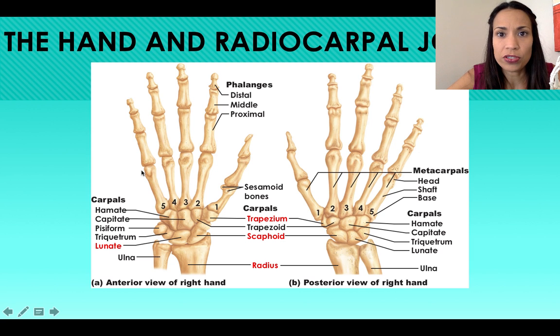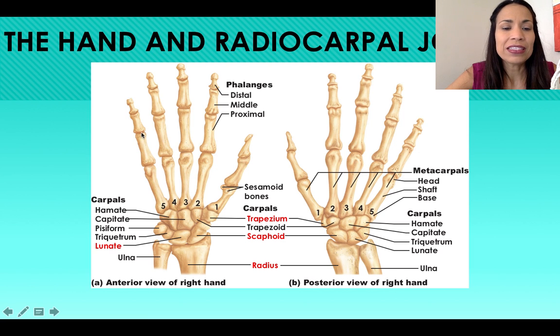The articulations that we can find in here: well, we described already the metacarpophalangeal. Now we have two articulations between phalanges. One between the proximal and the middle phalanx, and another one between the middle and the distal phalanx. So we need different names to name them. This one is proximal to your body, and this one is distal.